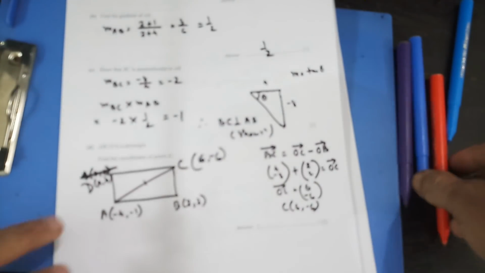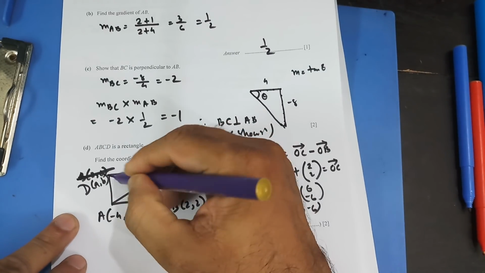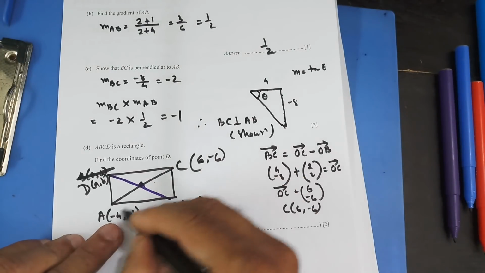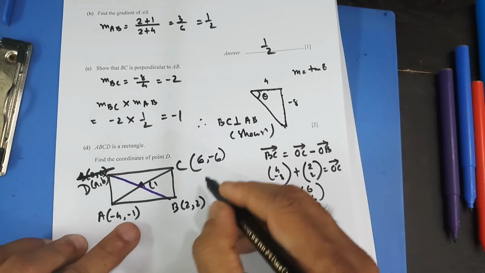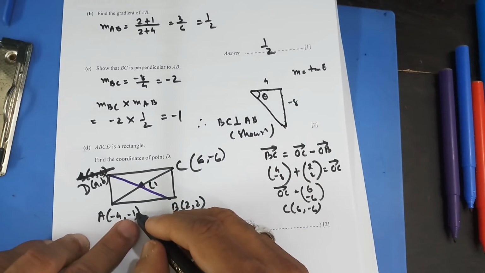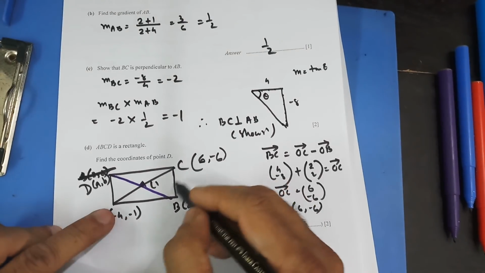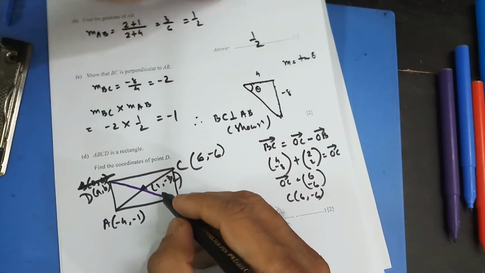The reason is the midpoint of AC and midpoint of DB is gonna be the same midpoint. So this midpoint is 6 minus 4 divided by 2, that means 1, and -6 plus -1, that's gonna be -7 by 2. So -7 by 2, that's the midpoint of that.